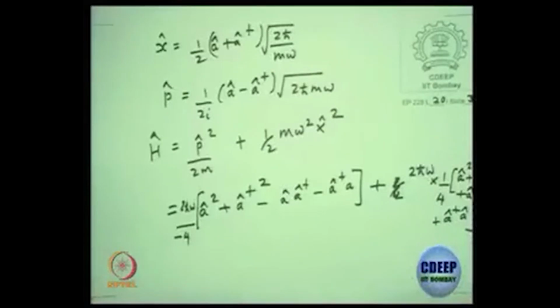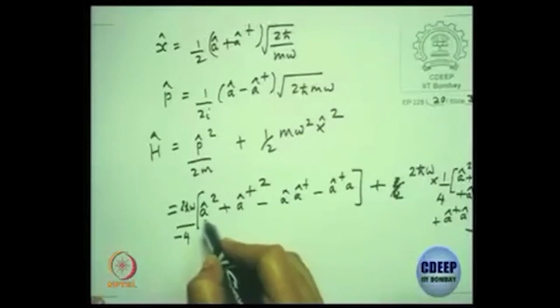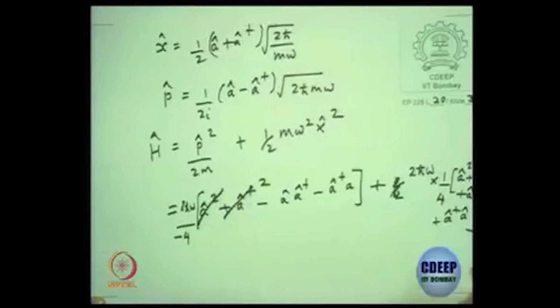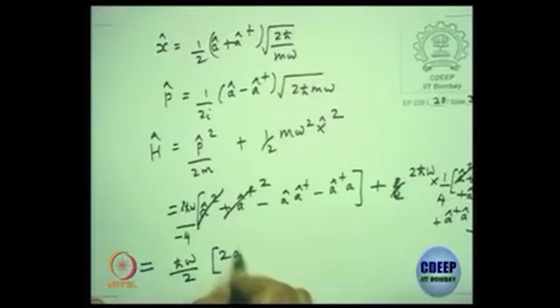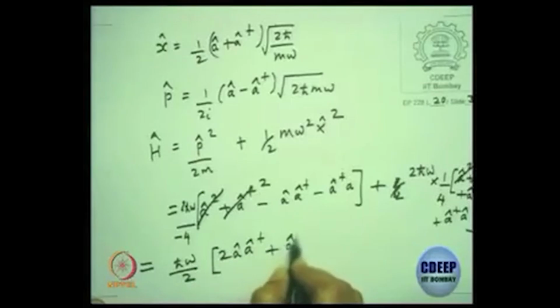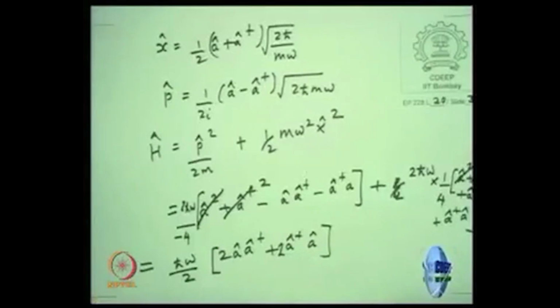Can you further simplify? The first two terms will cancel, right? And you can show that it is h cross omega by 2 into twice A dagger A plus A dagger A. There's another 1/4.